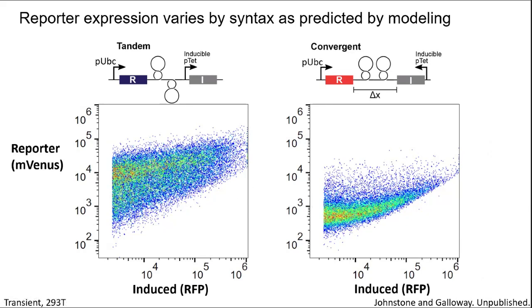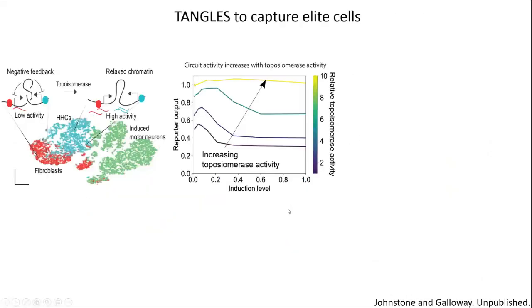We think that's really interesting because this physical coupling should also be controlled by the expression of topoisomerases, potentially meaning our circuits can serve as sensors for these different populations. If you have high expression of these topoisomerases that we see in HHCs, we'd expect high activity, and they'd be able to untangle these circuits.